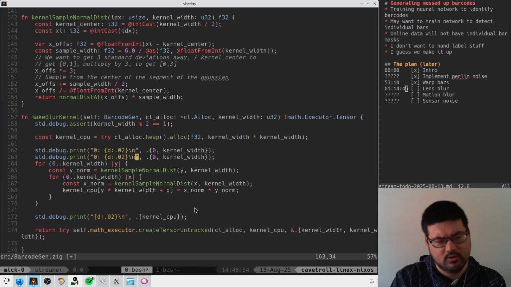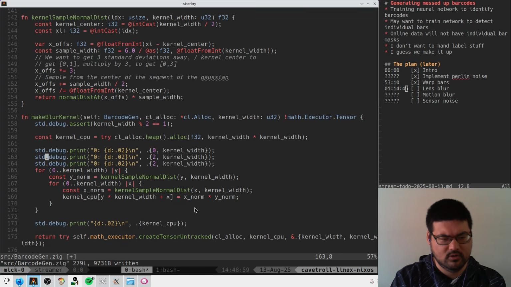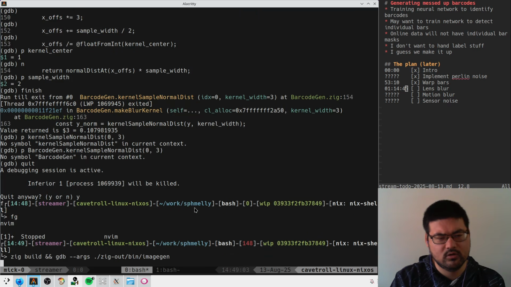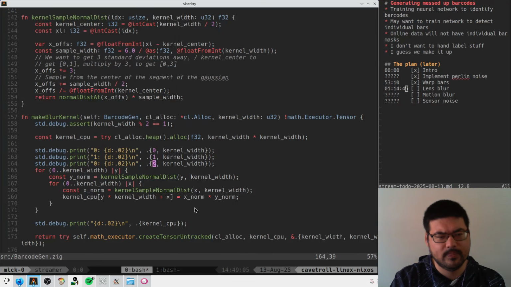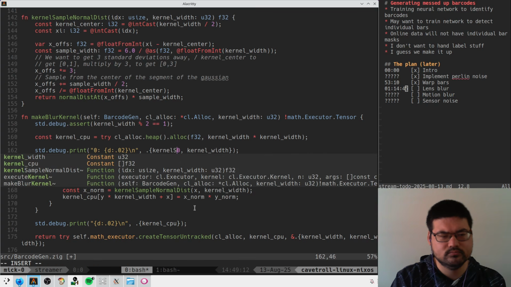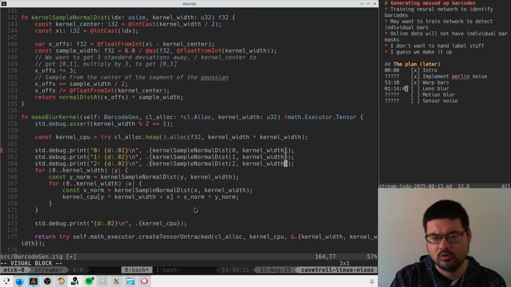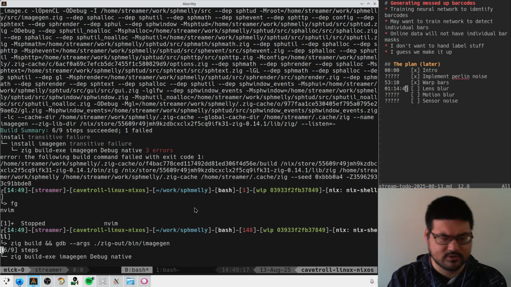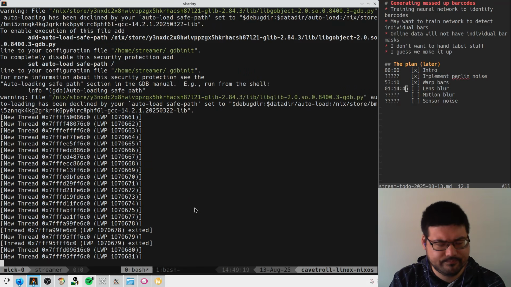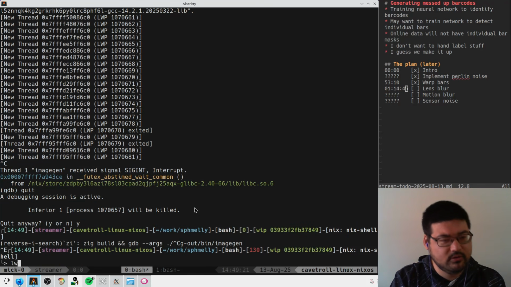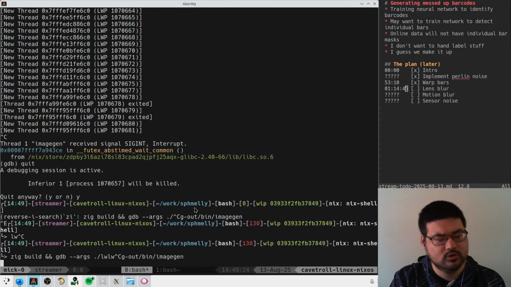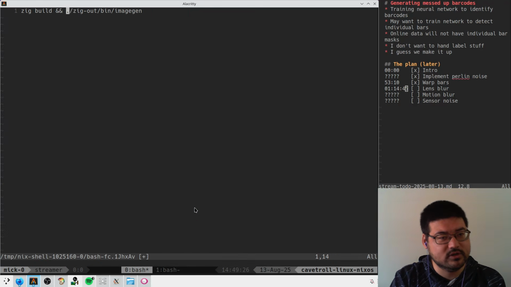So 0 and 2 should behave the same. So let's just do 0, 1, 2, and log them all. Oops. Because I think that was right. Oh, we don't need to really listen to GDB, which is slow. Zig build, delete this. Okay.